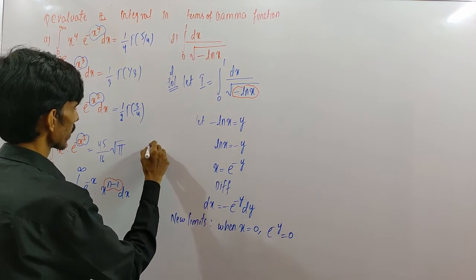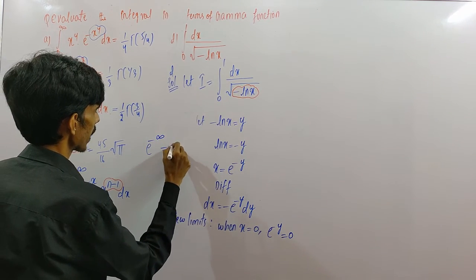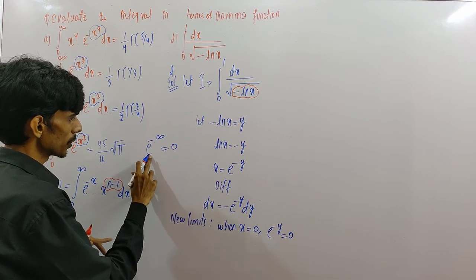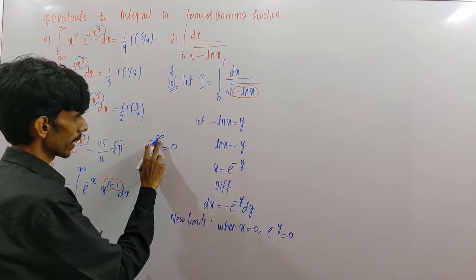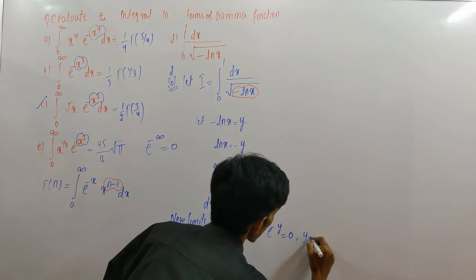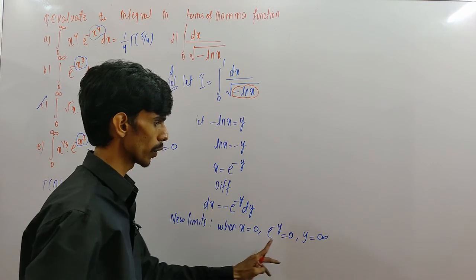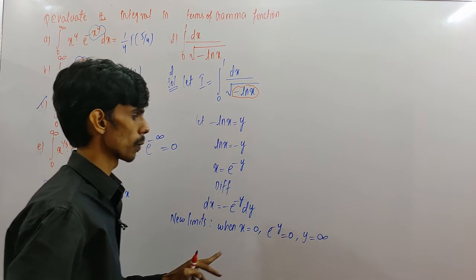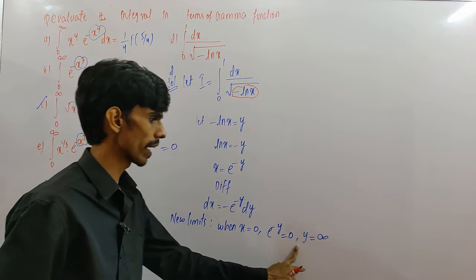We know that e power of minus infinite value is 0. So the exponential will become 0 when its negative power is infinite. So this y is infinite. Then only this e power of minus y will become 0. So when x is 0, y is infinite.